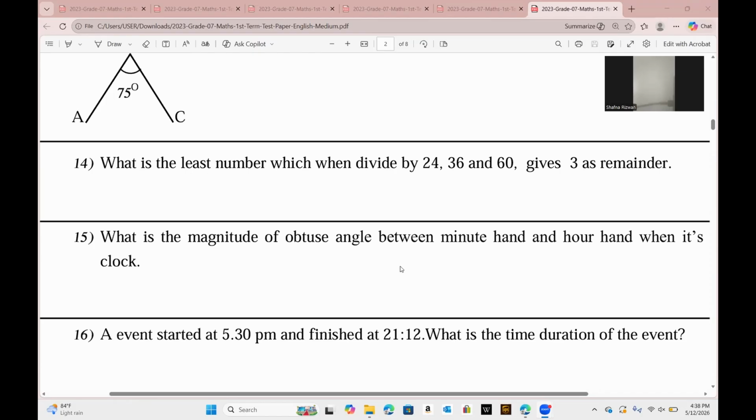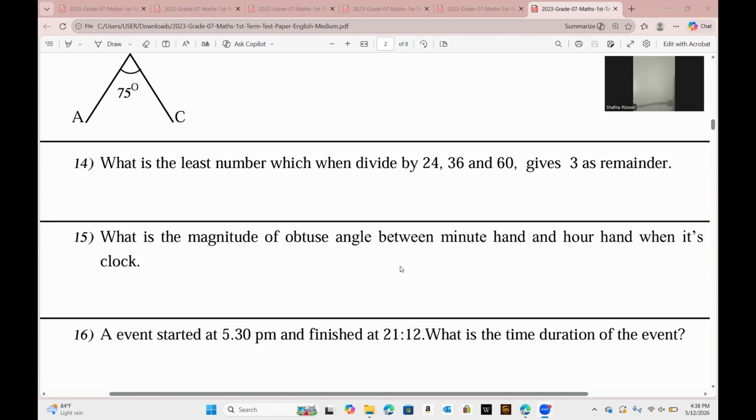That means they are asking you what is that one smallest number when you divide it by 24, 36 and 60, you will get a remainder of 3. But that number which you are dividing should be common to all 24, 36 and 60.